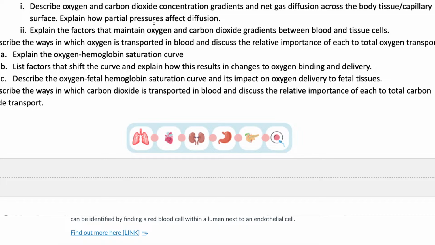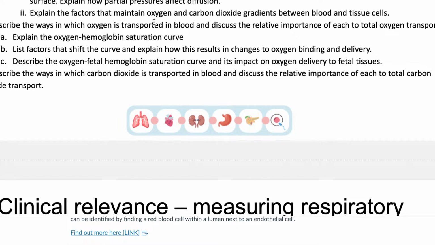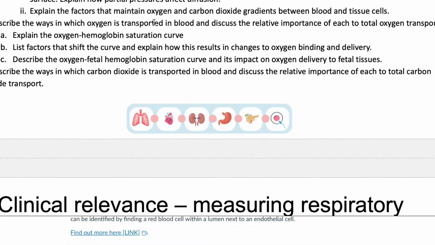And there's going to be more carbon dioxide in the tissues that's just going to diffuse into the blood. And this is happening at the capillaries during internal respiration. And again, partial pressures, these gases just act independently from each other. Explain the factors that maintain oxygen and carbon dioxide gradients between blood and tissue cells. Okay.